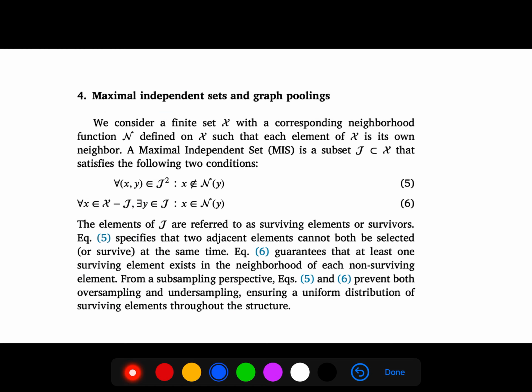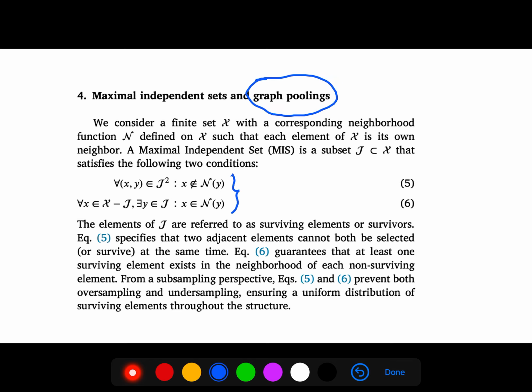But what are maximal independent sets and how are they related to graph pooling? We consider a finite set X with a corresponding neighborhood function defined on X such that each element of X is its own neighbor. A maximal independent set is a subset J that satisfies just these two conditions.